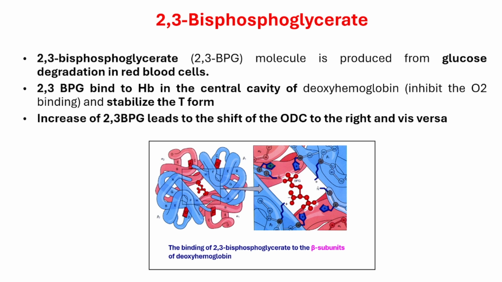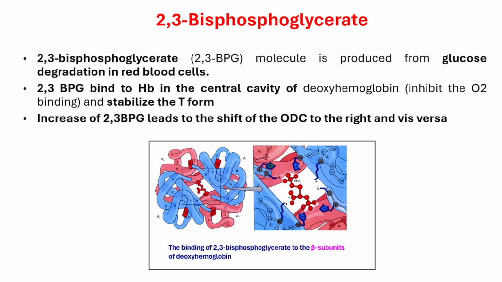Okay, so what it will do is bind, it will take the place of the oxygen. It will occupy the sites of the oxygen. So instead of having oxygen, all 4 sites will be occupied by the 2,3-BPG.